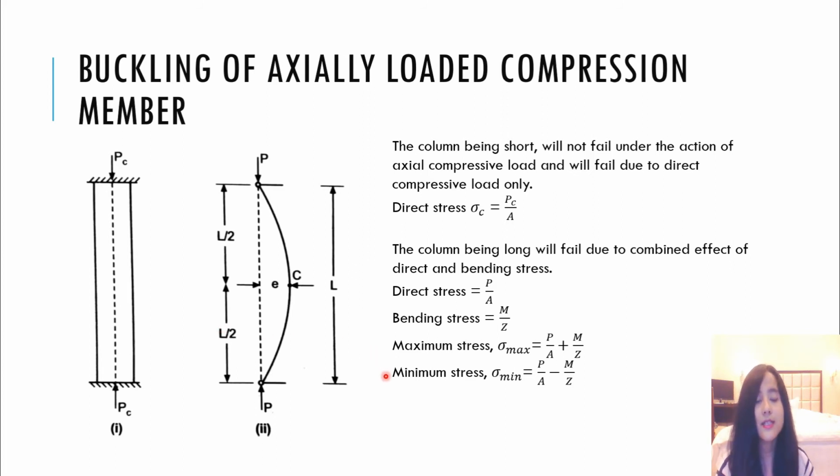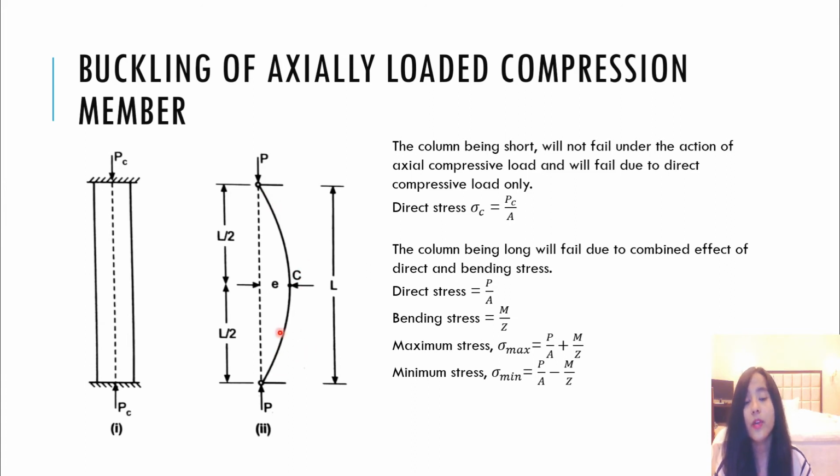Okay. Now let us consider a long column of length L of the same material subjected to axial gradually increasing compressive load. At a certain load, the column starts bending, that is buckling or crippling. So if the load is increased further, the column will fail at a certain load P, which will be less than PC. For a long column, if you give the same type of compressive load, after reaching a certain load it will start bending, and this bending action is also known as buckling or crippling of a column, right?